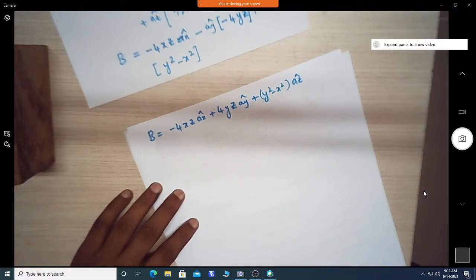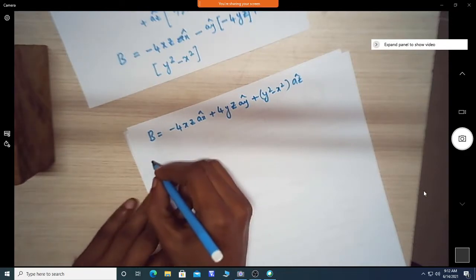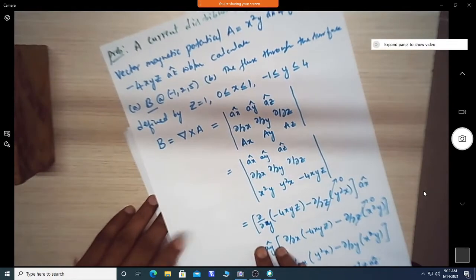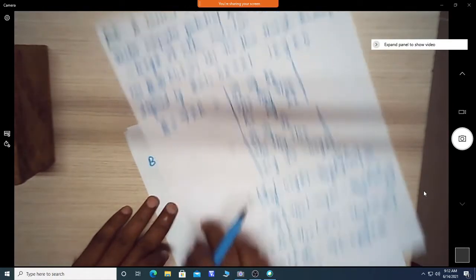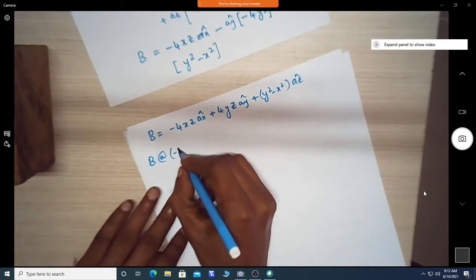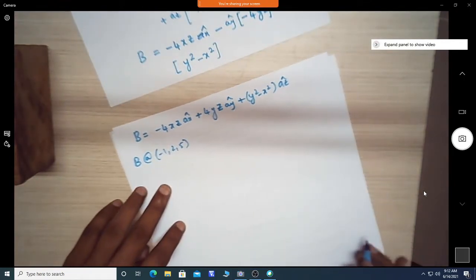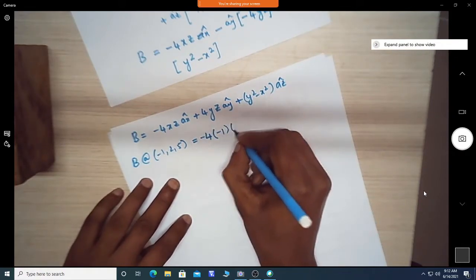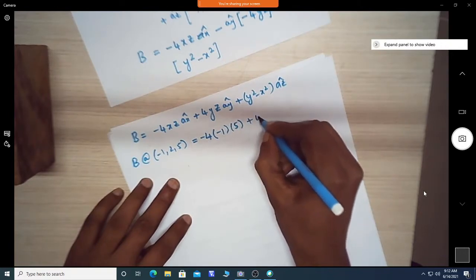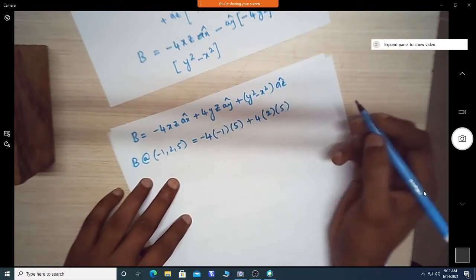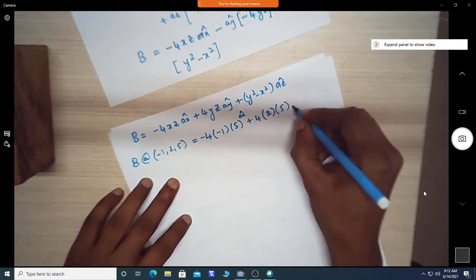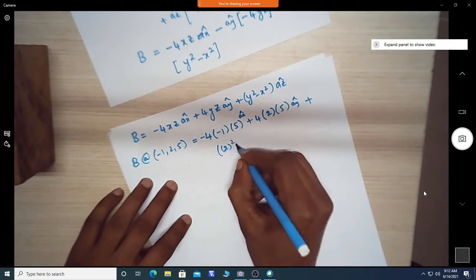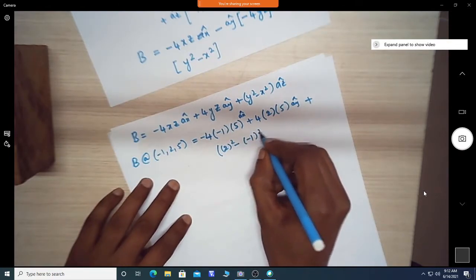So now we can substitute the values, because we need to find B at the point which is given. B we need to find at minus 1, 2 and 5. So B at minus 1, 2, 5 is equal to minus 4 into minus 1 into z is 5, plus 4 into y is 2 and z is 5. So this is in the ax direction and this is in the ay direction, plus y square is 2 square minus x square is minus 1 whole square.